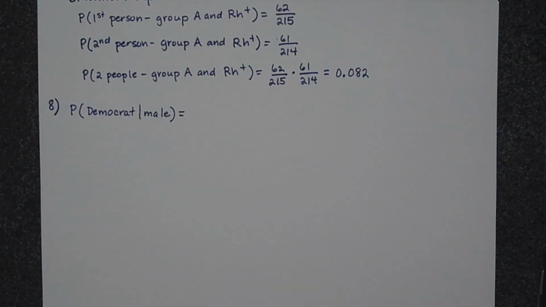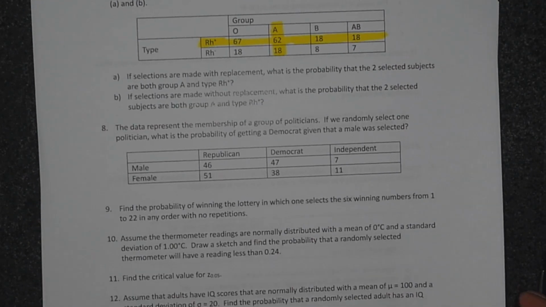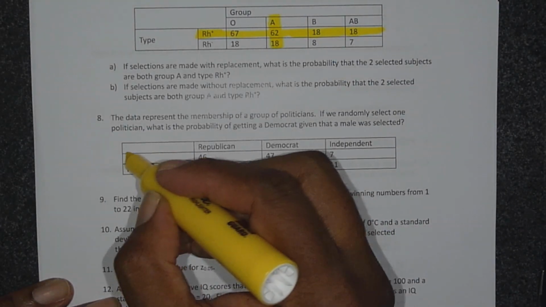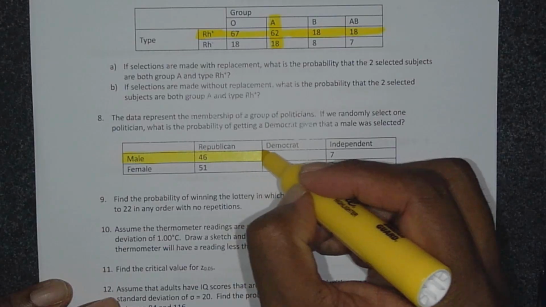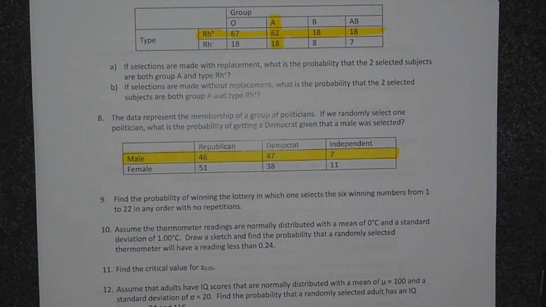Now, we're given that the male was selected. That would be this row right here. So we're only going to be focusing on the males.